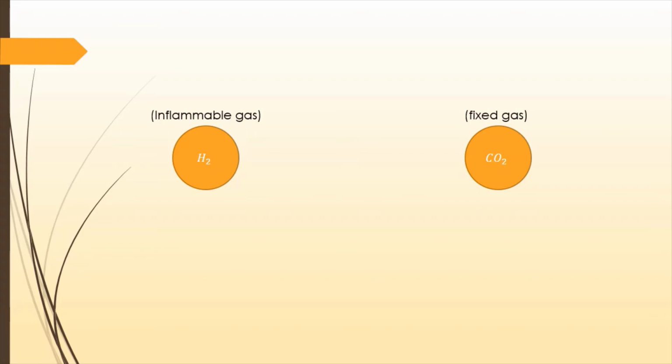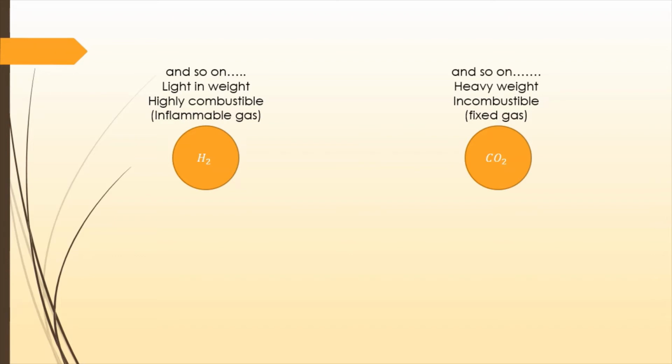These two gases were classified at that time based on their properties, such as highly combustible, light in weight, etc. for hydrogen, and incombustible, heavy weight, etc. for carbon dioxide. Also, some of the reactions of these gases were known. So based on those reactions also, these gases were being classified.